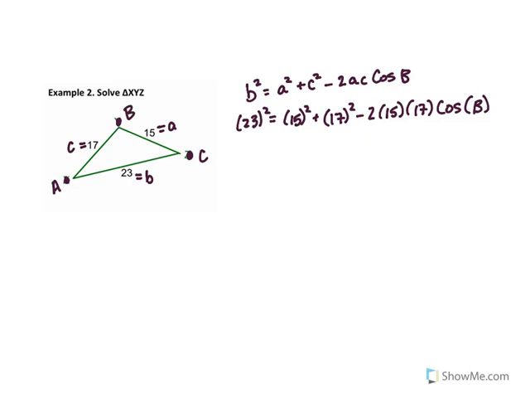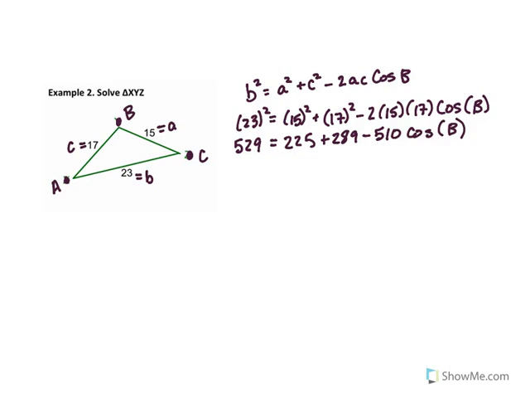So 23 squared is 529 equals 15 squared is 225 plus 17 squared is 289 minus, we've got 2 times 15 times 17 is 510 times the cosine of B.